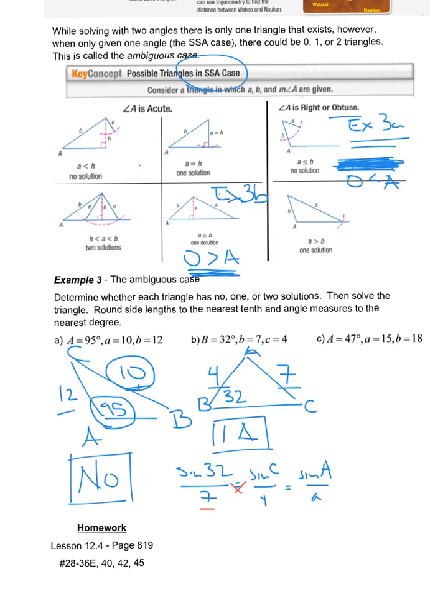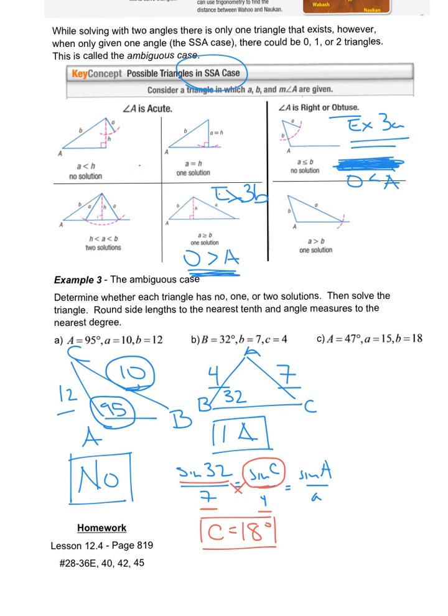We're going to divide by 7, but in this case, since I'm looking for an angle, I'm going to do sine inverse. So it's the sine inverse of 4 times the sine of 32 divided by 7, and you wind up with C is approximately 18 degrees. Okay? Again, I'm using rounded values here.